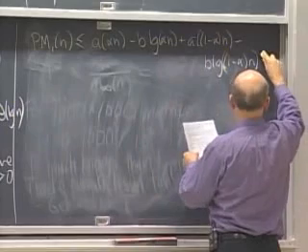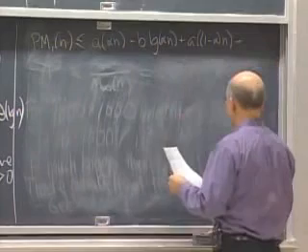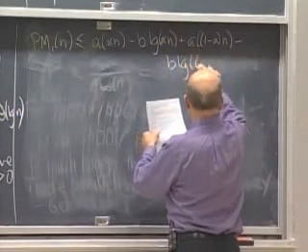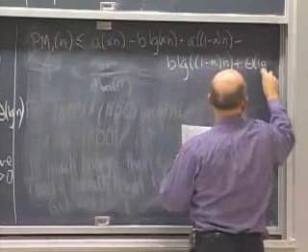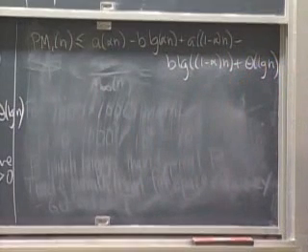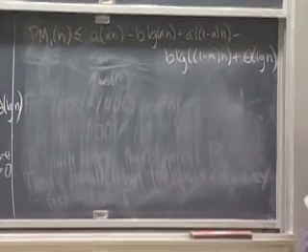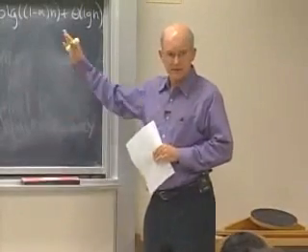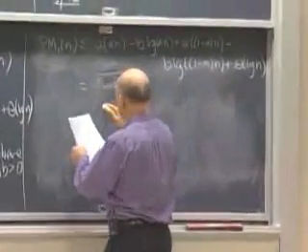Need another parenthesis there. Didn't even leave myself enough space here. Plus, let me just move this over so I don't end up using too much space. So B log of 1 minus alpha n plus theta of log n. How's that? You okay on that? Okay, so that's just substitution.